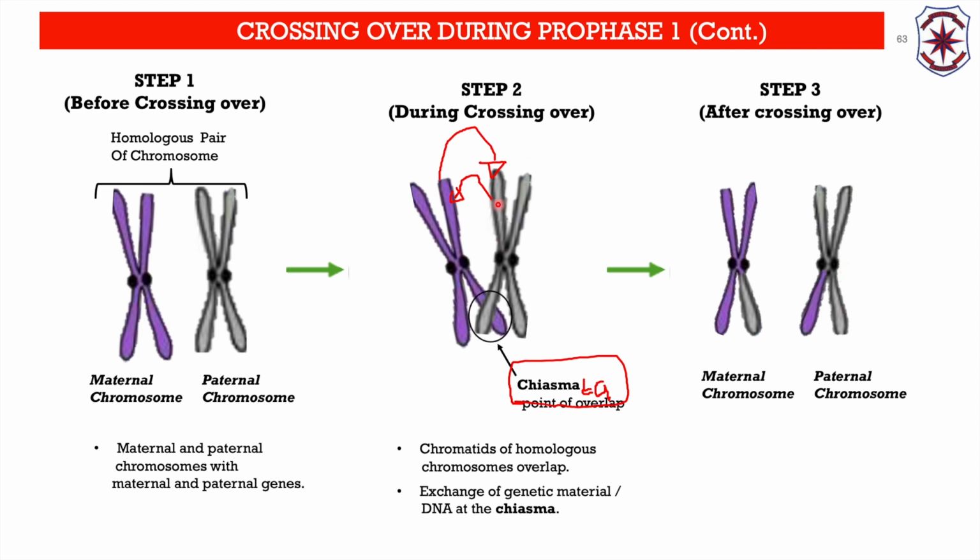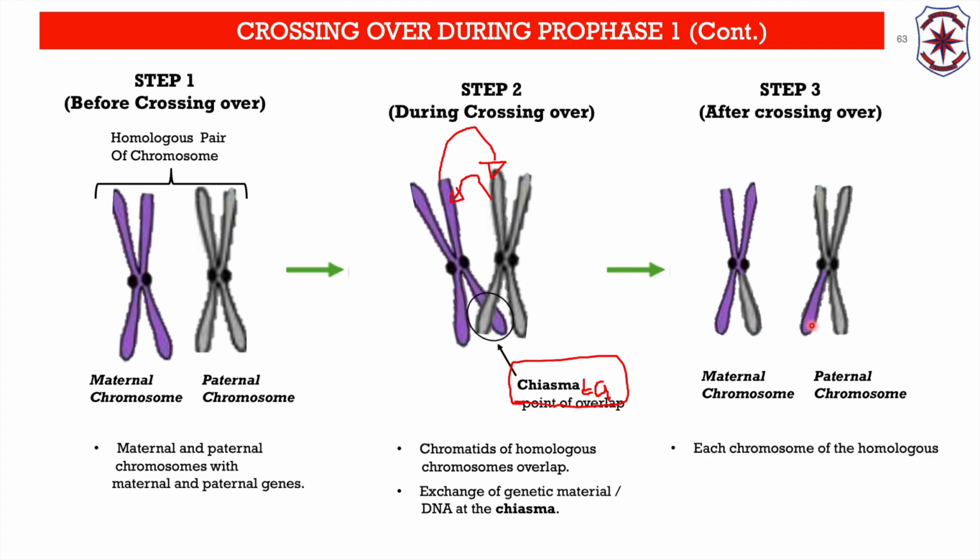The top part of the left chromatid did not overlap. Hence, it is still showing gray. But the bottom left chromatid, as you can see over there, overlap. So it took some of the genetic material from the maternal chromosome. Hence, it is purple.